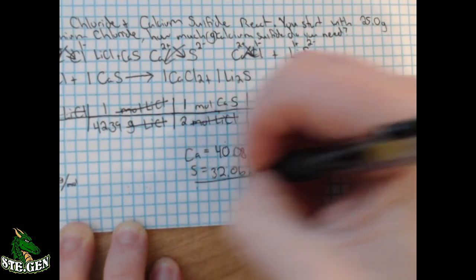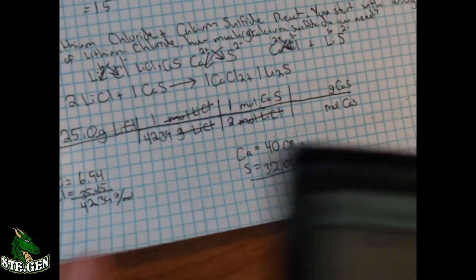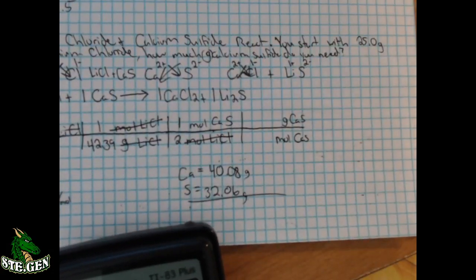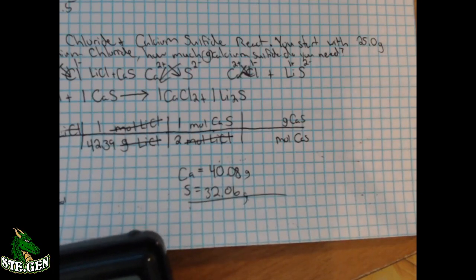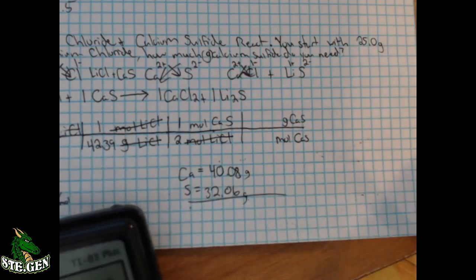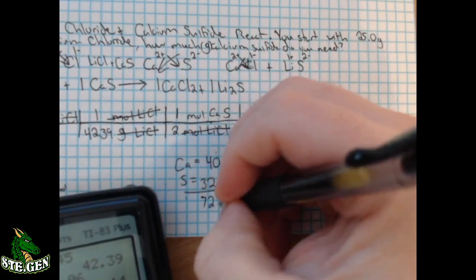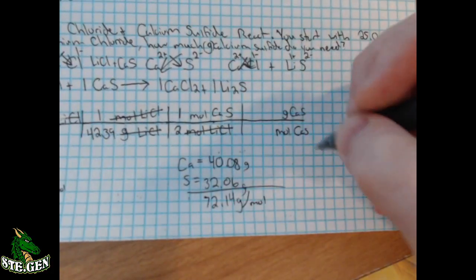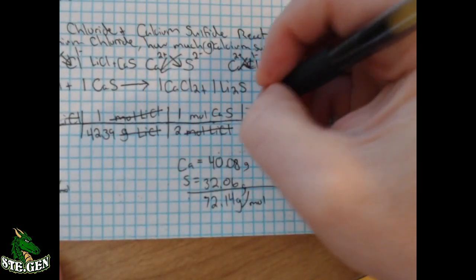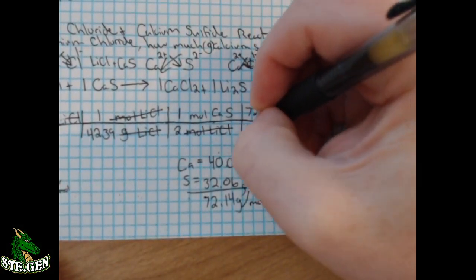So we'll add both of those together. 40.08 plus 32.06. So we get 72.14 grams per mole. Make sure that that gram number goes with grams up top, 72.14 grams in 1 mole of calcium sulfide.